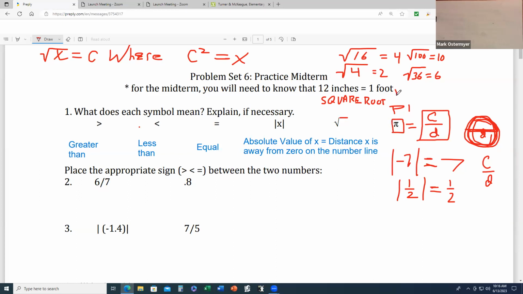Pi is an irrational number, approximately 3.14, but in reality its decimal goes on and on, never terminating, never repeating.